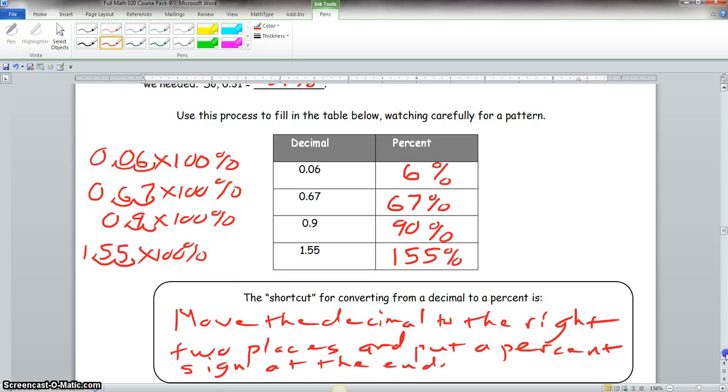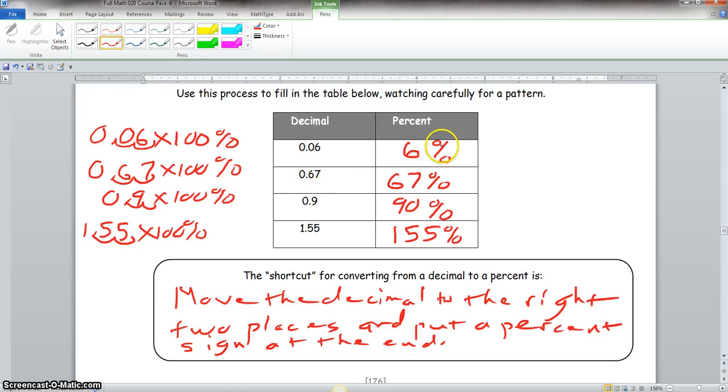And that's basically it. Move it 2 places to the right, which we did here, here, here, and here. And put a percent sign at the end.